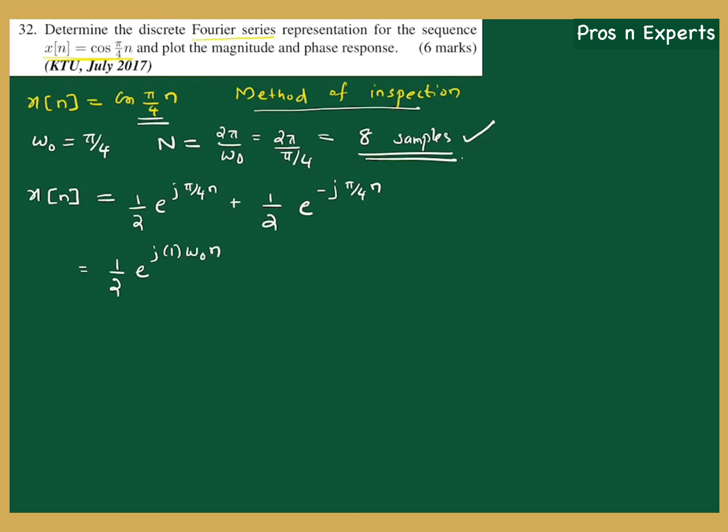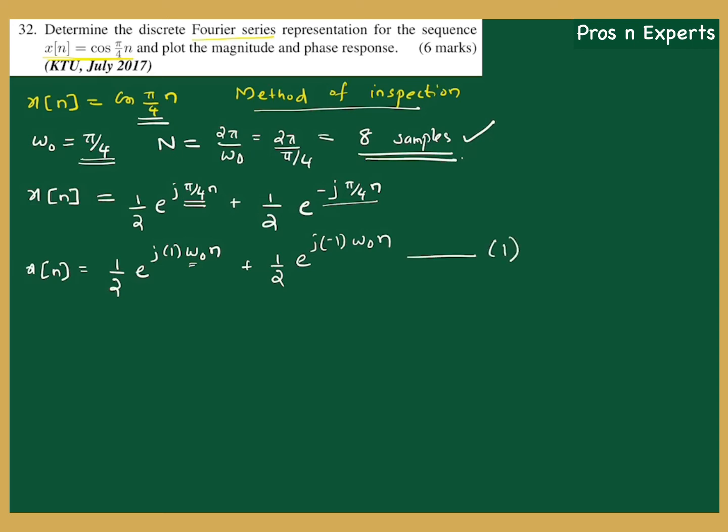Is that wrong? Not wrong, because omega 0 is nothing but pi by 4. So instead of pi by 4, I'm writing omega 0. Plus half into e raised to j into minus 1 into omega 0 n. Here it is minus j pi by 4, so I've written j into minus 1 into omega 0 into n. So that is our x of n. Let this be equation number 1.